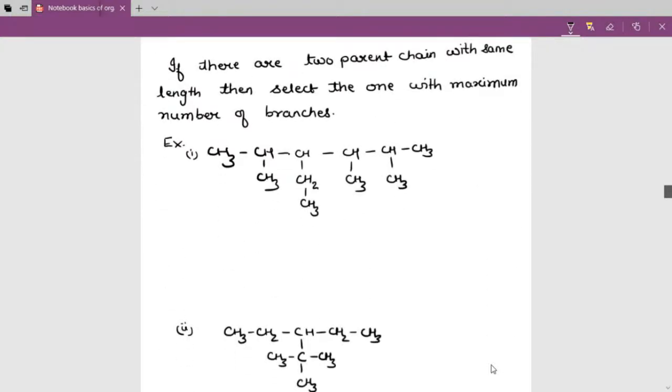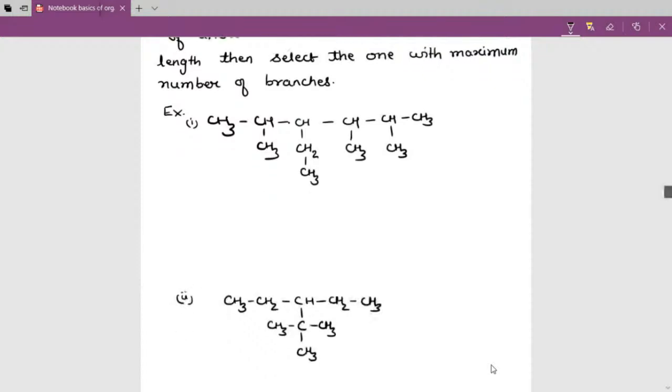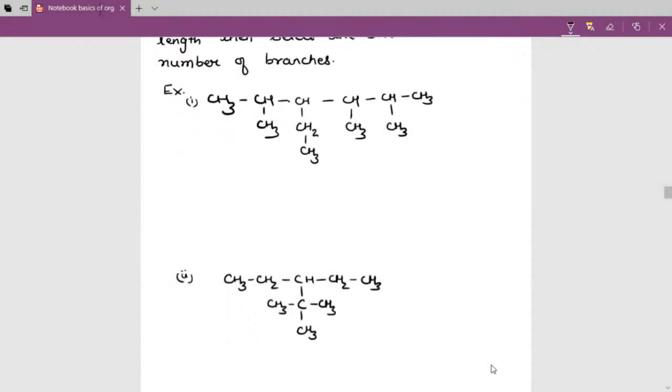I said I'll exemplify the other point. If there are two parent chains with the same length, then select the one with maximum number of branches. So here I will just put which branch to select and leave that to you so that you can practice it further.